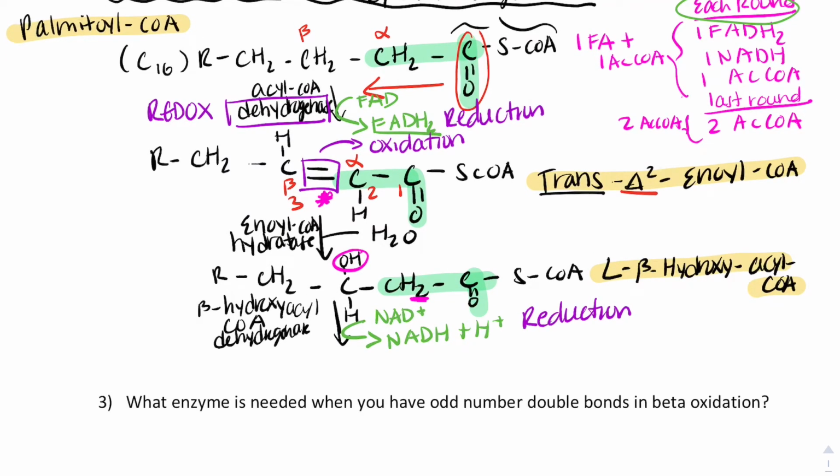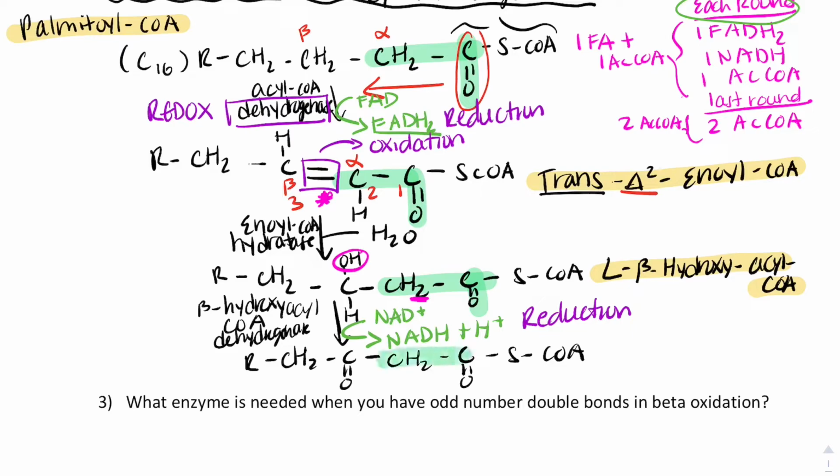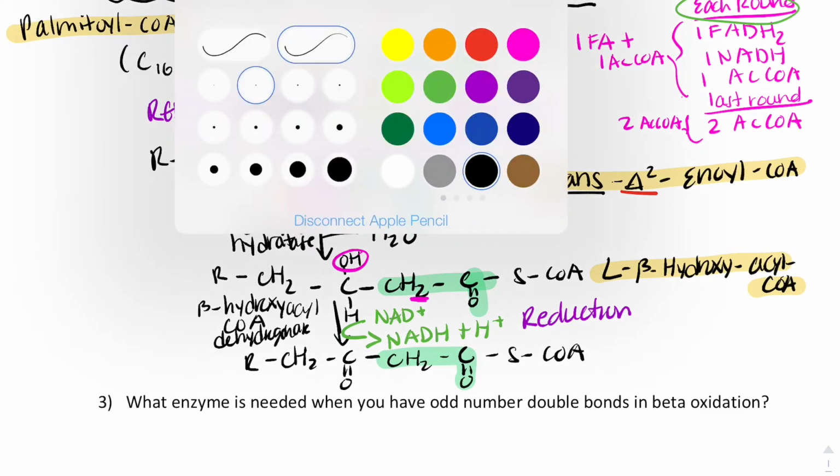Therefore, we know that our chain of fatty acid is going to get oxidized. So we have our R group, and again we're looking at the same position here.